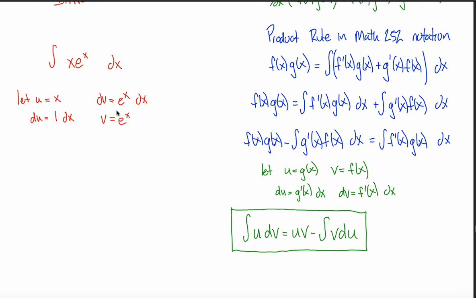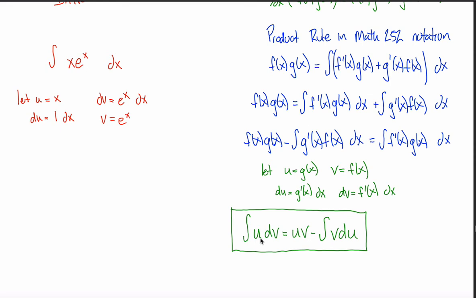What you have to do when you're using integration by parts is first choose u, then take the derivative of u, then figure out what dv must be by process of elimination, then figure out the antiderivative of dv to figure out v. So when you're applying this formula, you're taking derivatives and antiderivatives. But when you have these four pieces, you can just apply this formula.